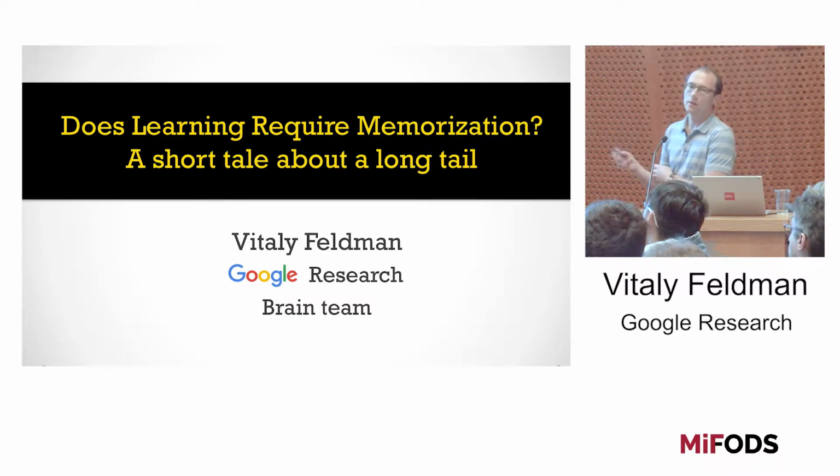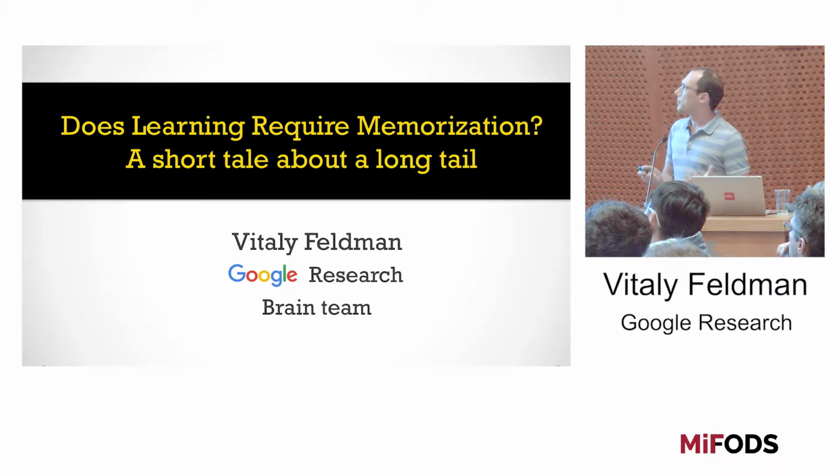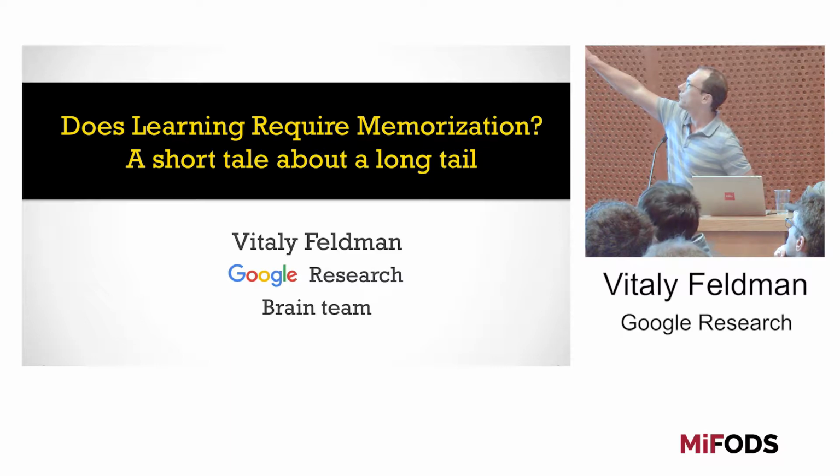But the reason why we are interested in it is that it also goes against our classical view of learning. Let me be a little more precise about what I mean by this. The standard view of theory starts with a standard decomposition of the generalization error of a learning algorithm.